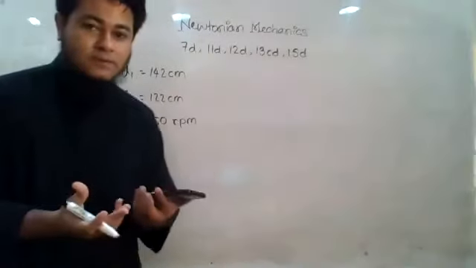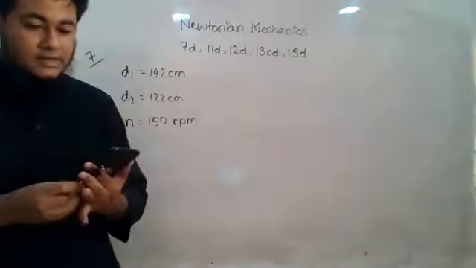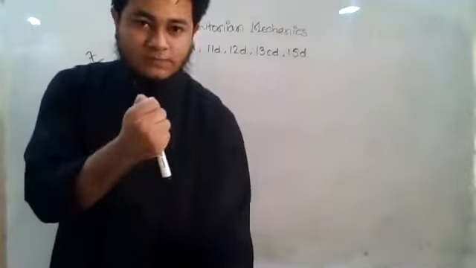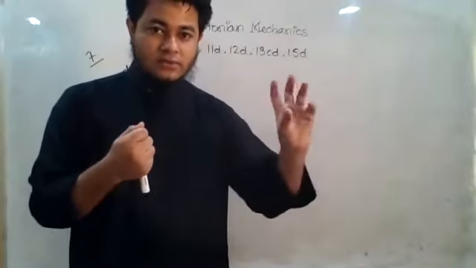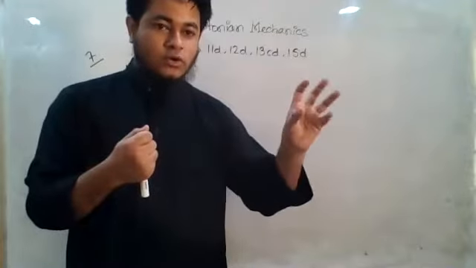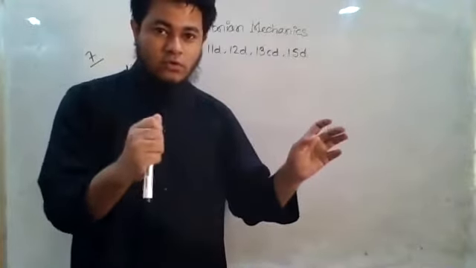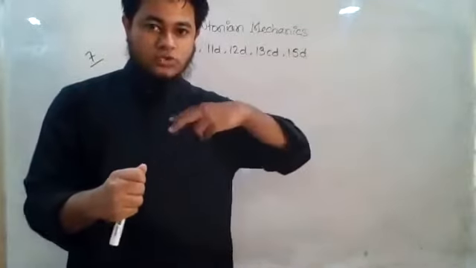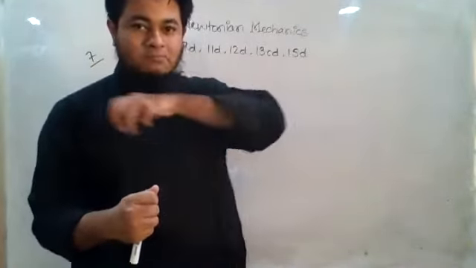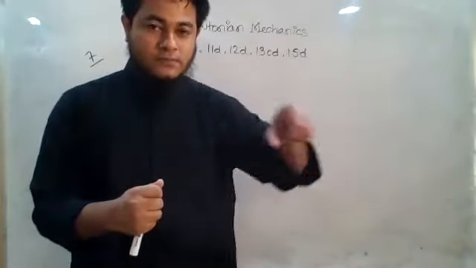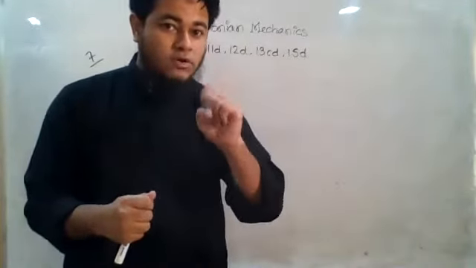What does it mean? Okay, let us say I have a string. One end of the string is in my hand and another end is holding a ball. So if I now rotate it, the ball will be in rotational motion. Now let us say the ball started from this position and completed a full rotation. That is called one rotation or revolution.